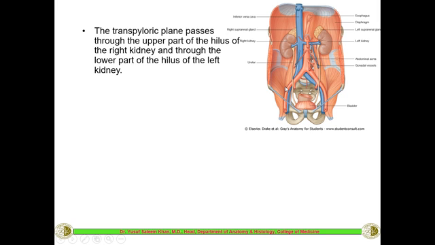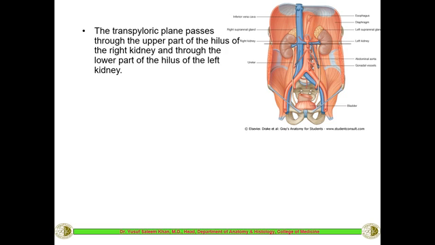If a plane passes through the pylorus of the stomach, then the right kidney, because it is slightly lower, will have this transpyloric plane passing through the upper part of the hilum. But the left kidney is higher, so the same plane will be passing through the lower pole of the left kidney.